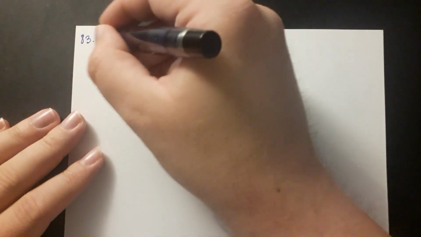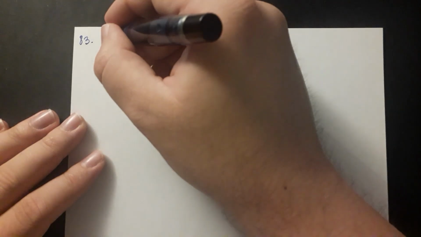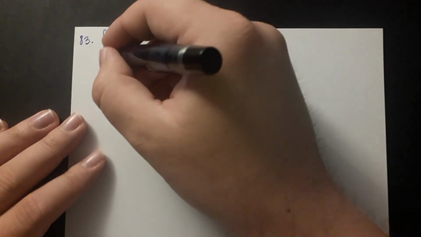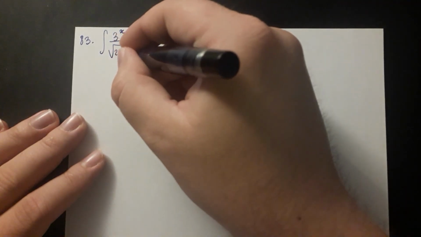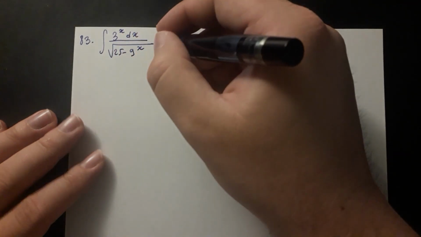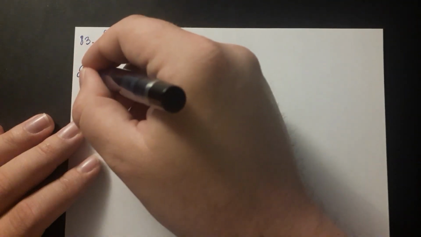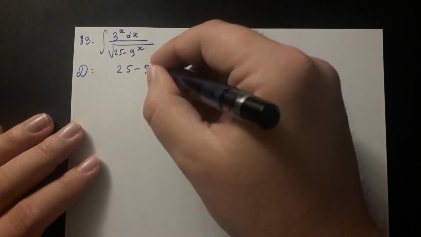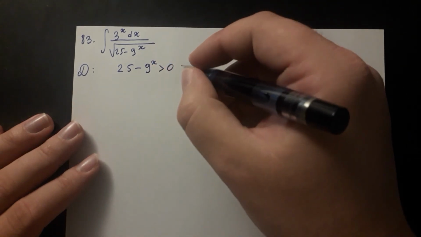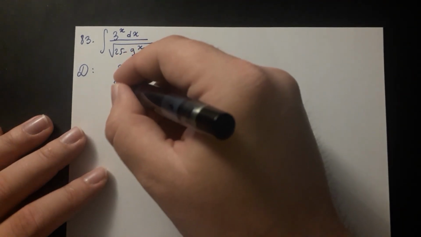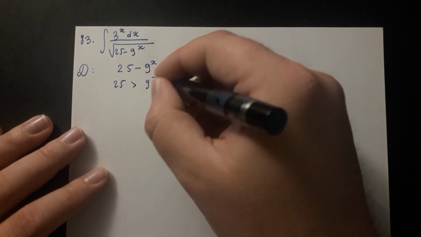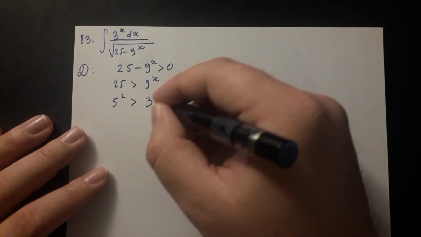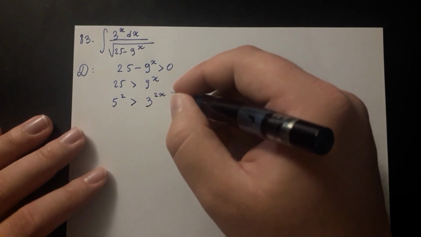Problem number 83 on our list is an integral of 3 to the power x dx divided by a square root of 25 minus 9 to the power x. The area in which this integral is defined is for 25 minus 9 to the power x strictly larger than 0. 25 then has to be larger than 9 to the power x, and 5 squared is larger than 3 to the power 2x.